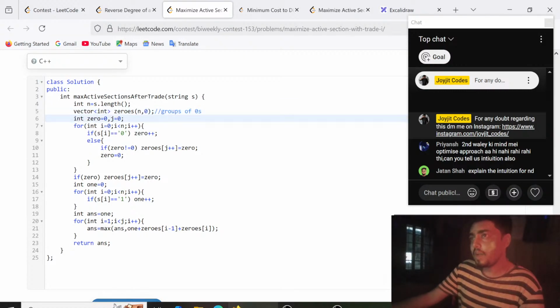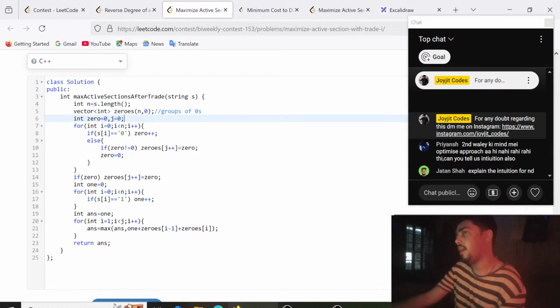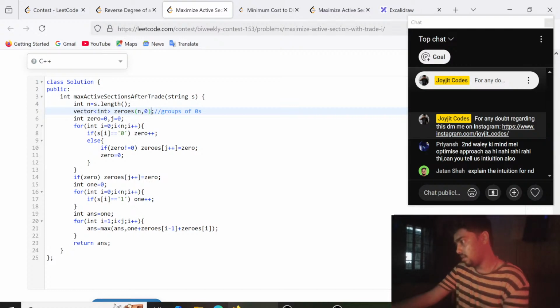And this j is just there because I'm making the group of zeros as n, but obviously there won't be n groups of zeros. It is not possible. So this is the maximum it can have. It should be n by 2 also works, but yeah, let's make it n.